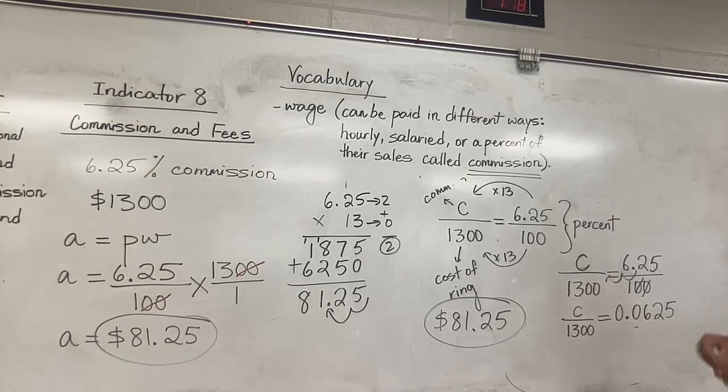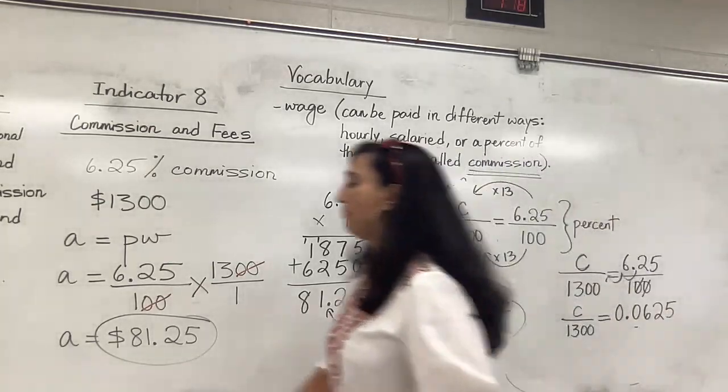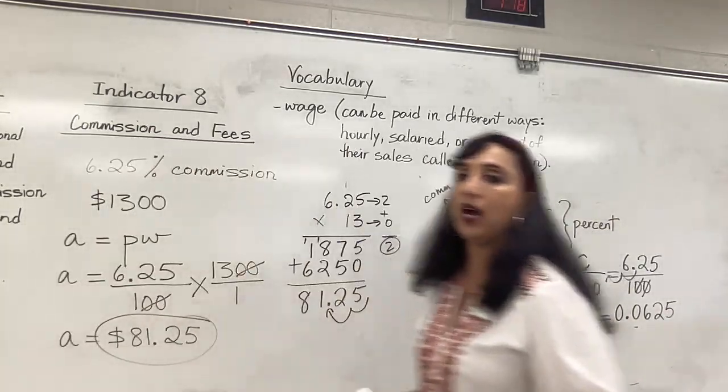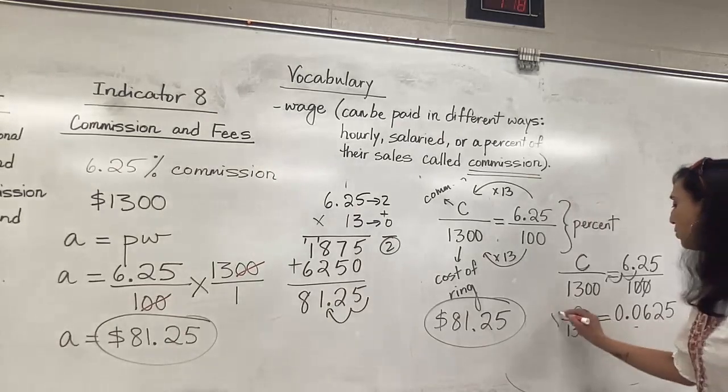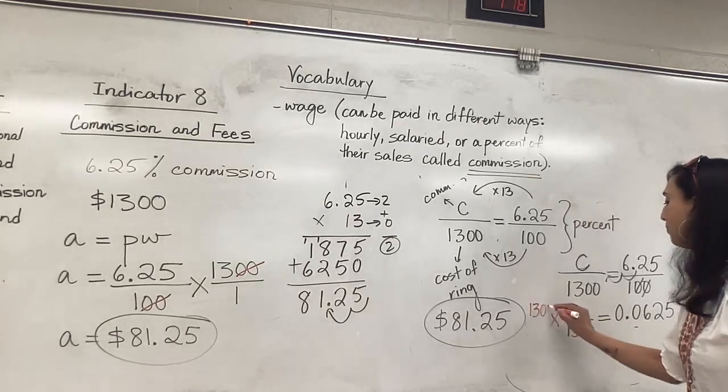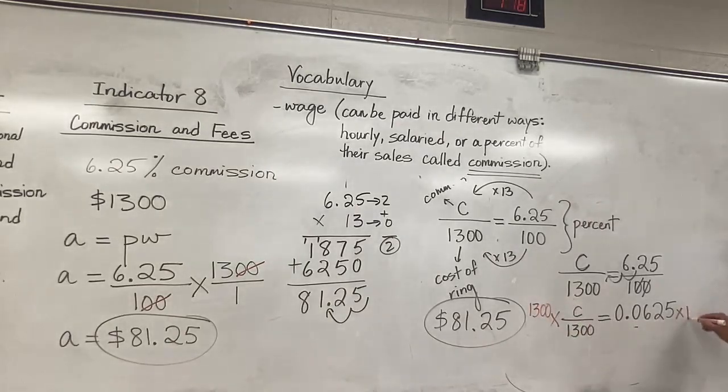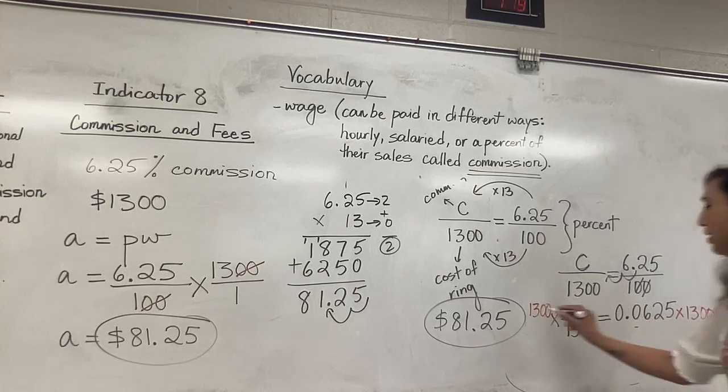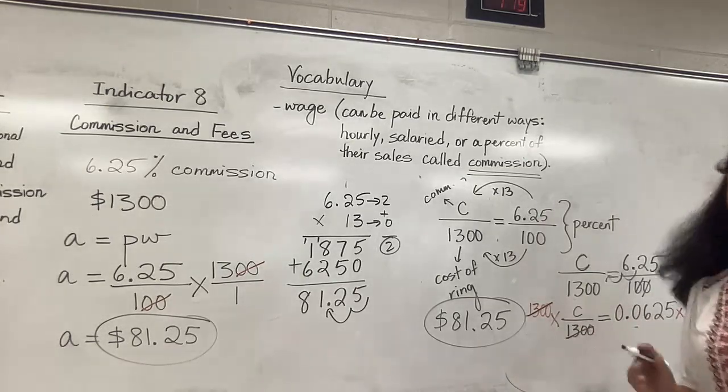And now all we are doing is using the multiplication, because this is division. We are going to use the multiplication property of equality, and we are going to multiply both sides by 1300. So times 1300. Okay, and then this is going to simplify out as 1.